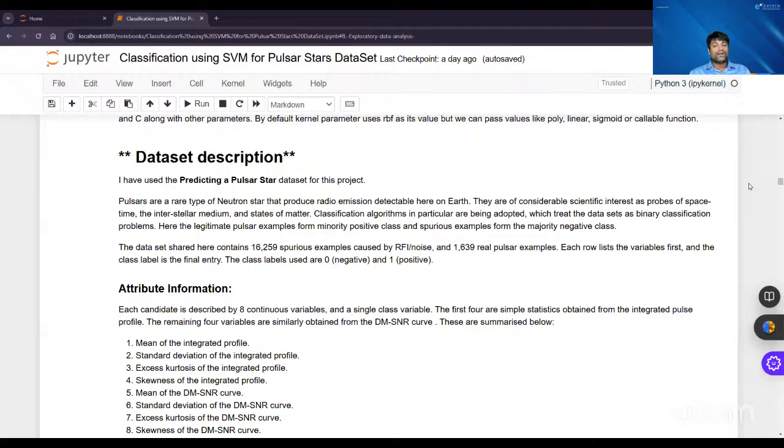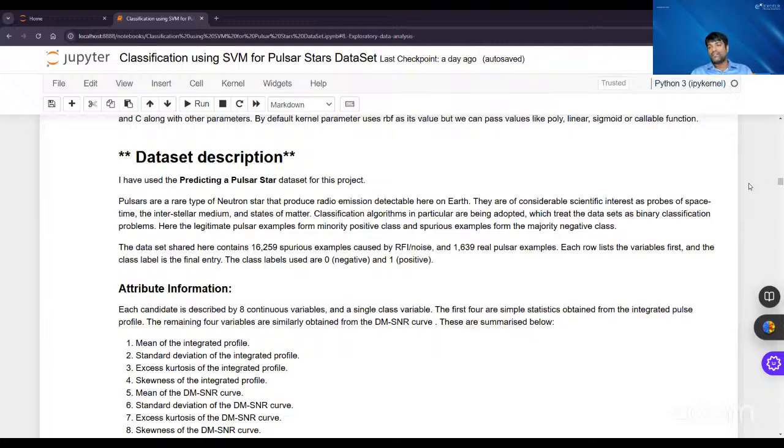Many of you, when you have seen the word pulsar, would have thought of Bajaj Pulsar, right? It is not that. There is something called a star, right? A particular neutron star. This neutron star category has many stars which come under neutrons, and one of them is pulsars.